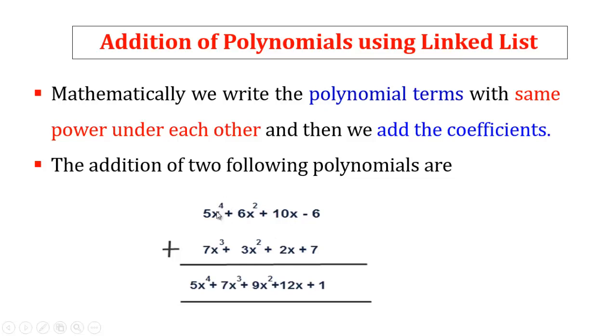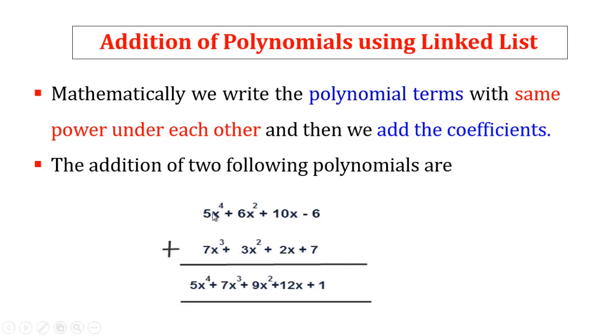If x power 4 is here and x power 4 is there, we can add the coefficients and write x power 4 commonly. When comparing the first polynomial with the second, we first compare the exponents. If the exponents are different, we can't add the two coefficients, and we switch over to the next term, and it goes on like this.